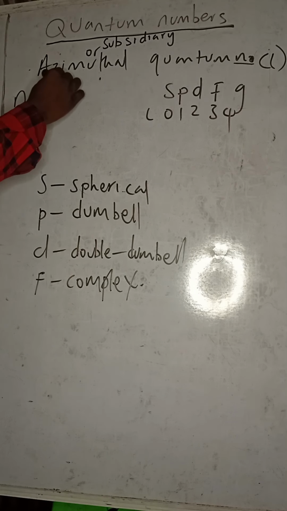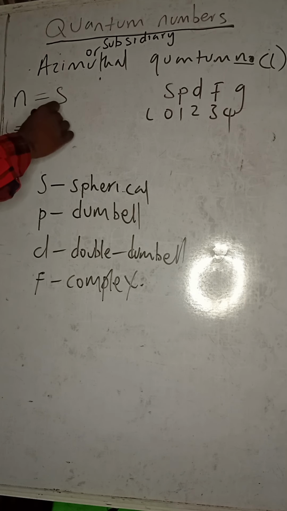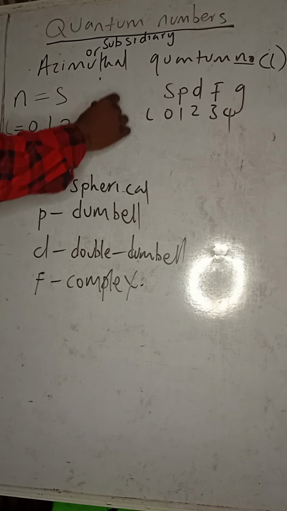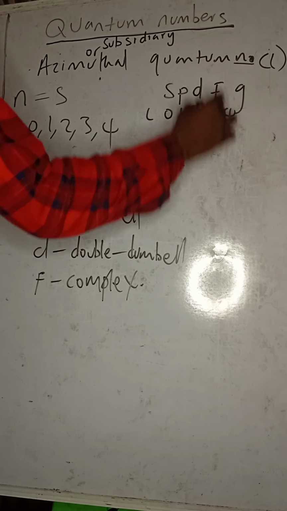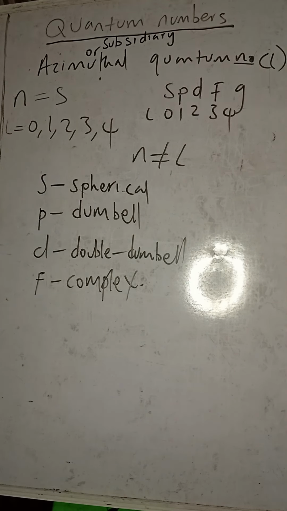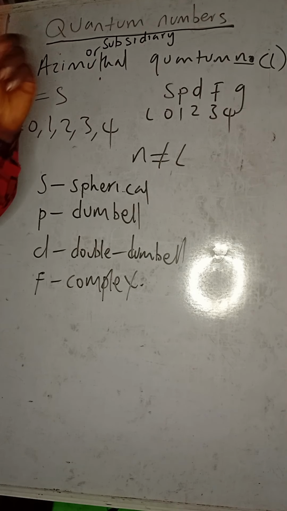When n equals 5, the number of subshells I should have is 5. How do we get it? When n equals 5, the possible values of l are 0, 1, 2, 3, and 4. It should be noted that n can never be equal to l for an electron. The principal quantum number and the azimuthal quantum number are not the same thing.